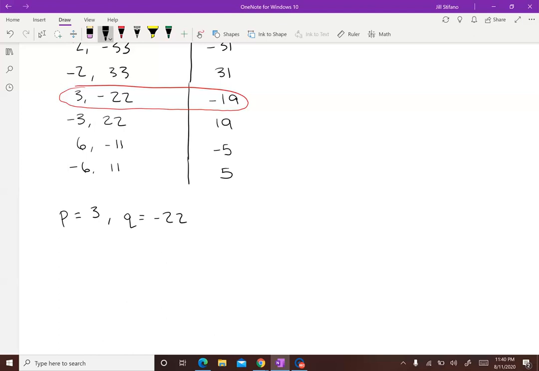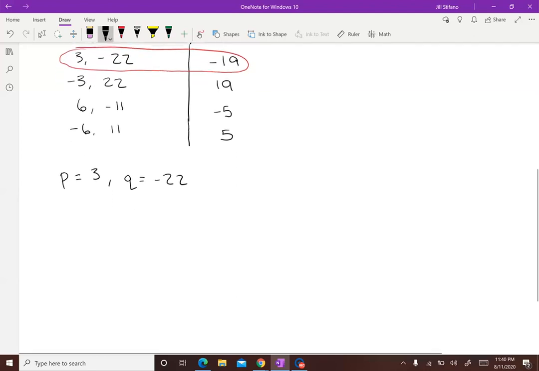You could be asking, does it matter which one we pick to be p and the other to be q? And no, it doesn't. I'll actually show you that we get the same answer whether we flip the labels. So let's first do it with p equals 3 and q equals negative 22.